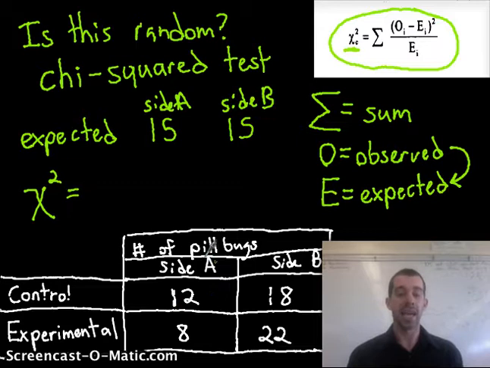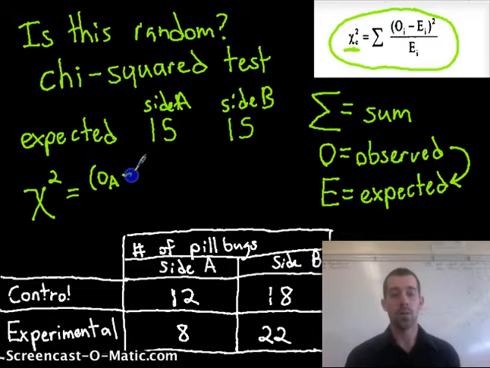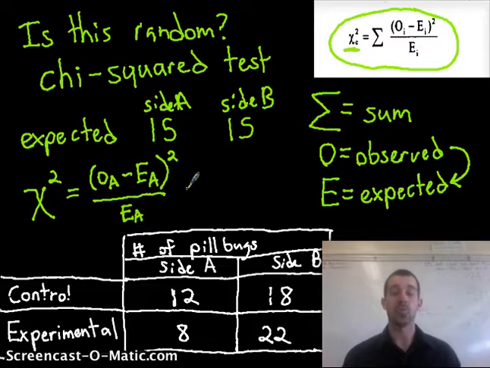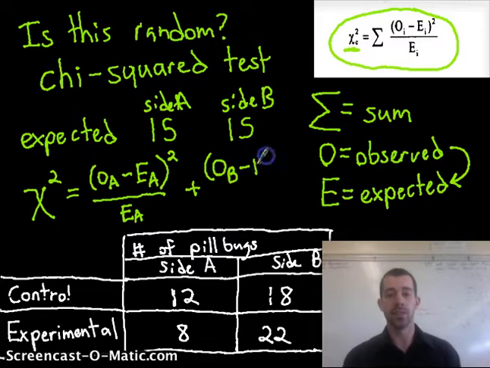Because we have side A as an option and side B as an option, we're going to fill in this equation for both side A and side B. So we'll take the observed value for side A minus the expected value for side A. We'll square them, and then we'll divide by the expected value for side A. And then we'll add that, we have to sum it up because of this sigma, to the observed value for side B minus the expected value for side B. We'll square those, and we'll divide by the expected value for side B.